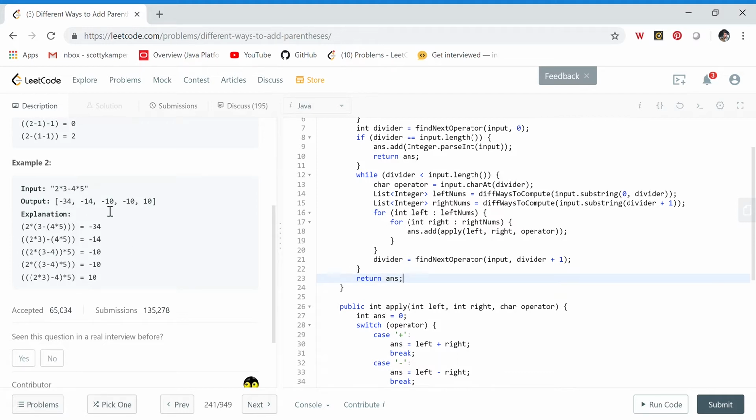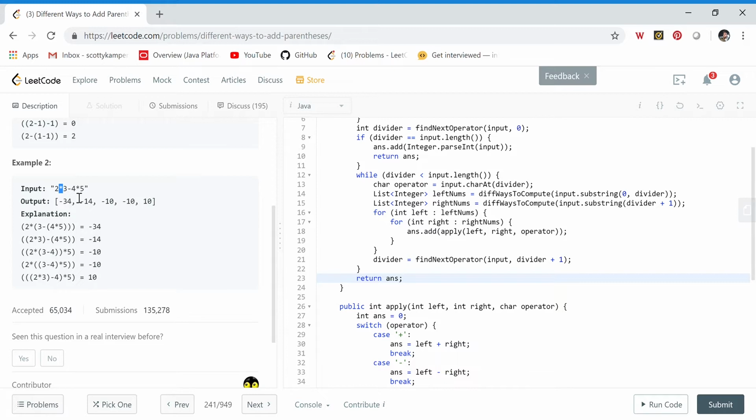It might not be super clear the way that it's working, but if you look at this example over here on the left, it makes a little more sense. The first operator we find is this multiplication. So we're going to recursively solve the left and the right substrings. In this case, left nums will just have a 2 in it, and right nums will have, well, we could group 4 and 5 together. That'd be 20, and then 3 minus 20 is negative 17.